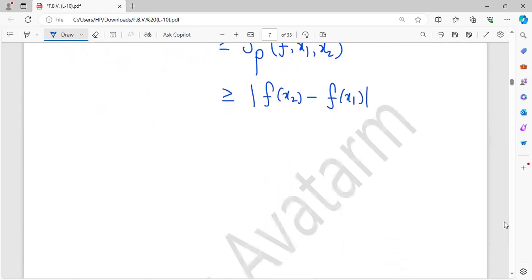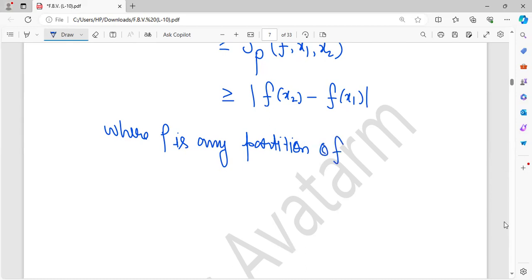This holds for any partition P of the closed interval [x1, x2].